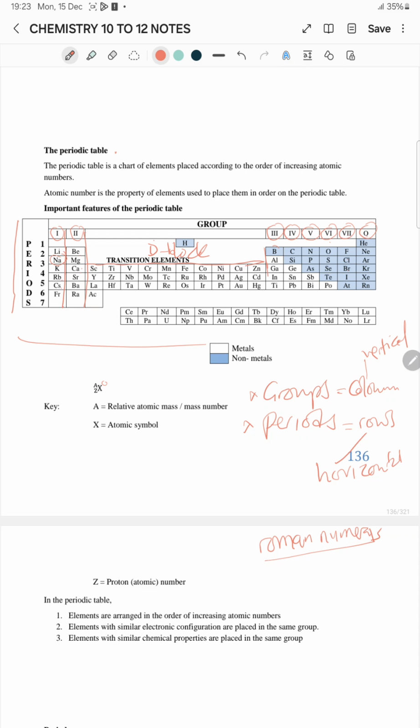A D block. The reason is that these elements have different valences, and a valence helps us to place them in the groups. Now you find that these guys have what we call different valences. So the same copper, we say copper can have the valence of 2, and the same copper can have the valence of 1.